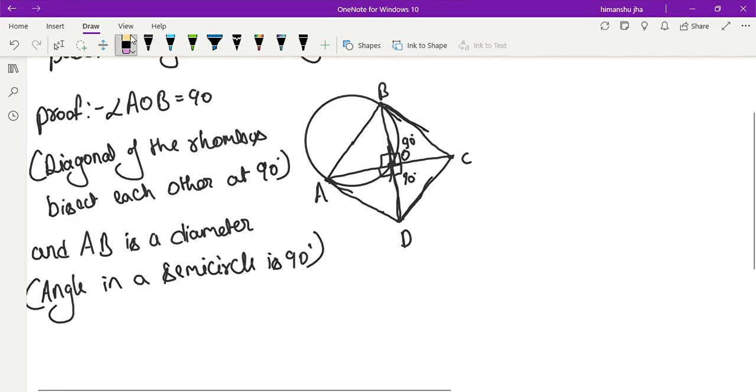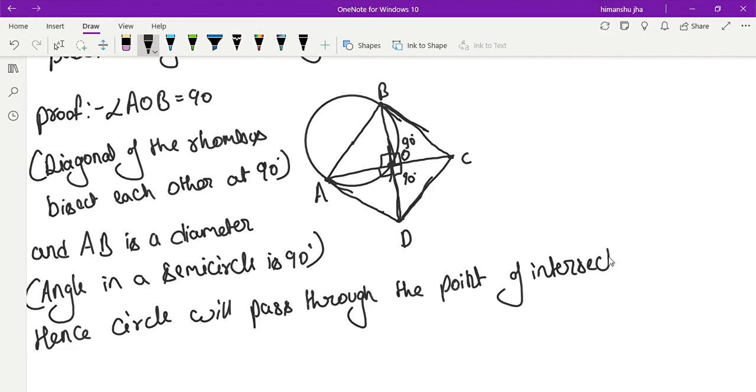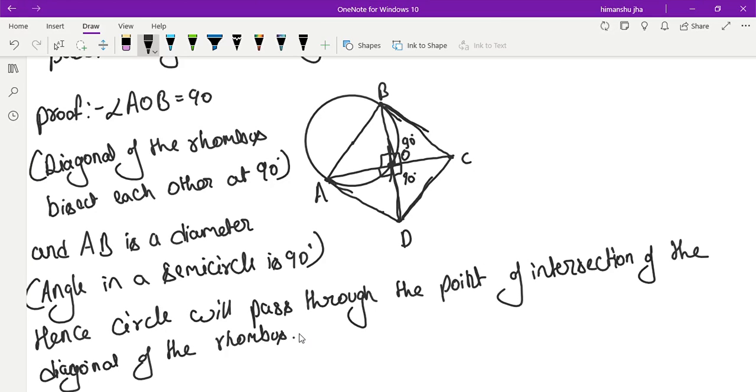So hence the circle will pass through the point of intersection of the diagonals of the rhombus. Note it down.